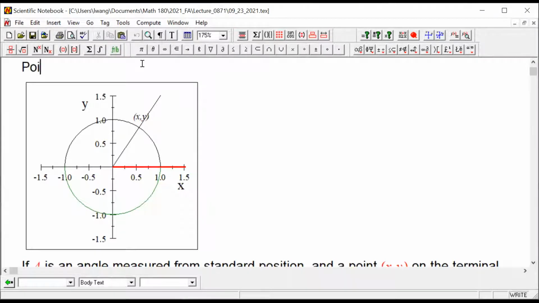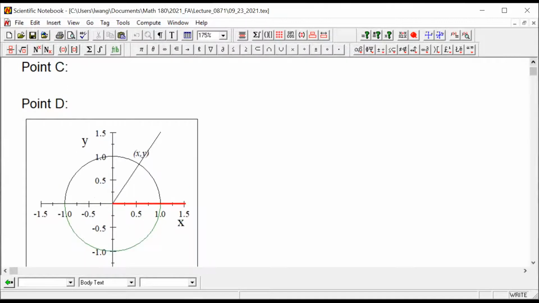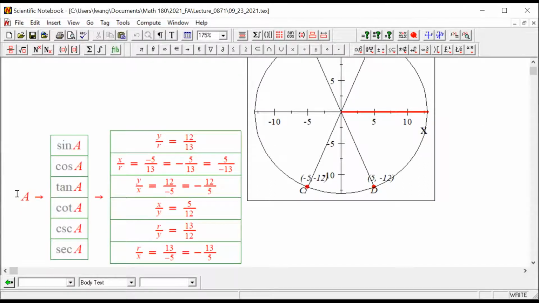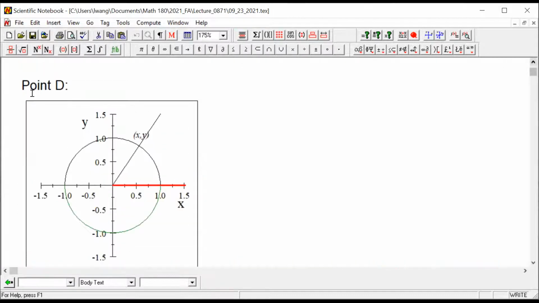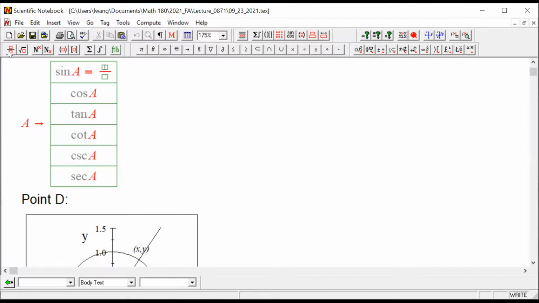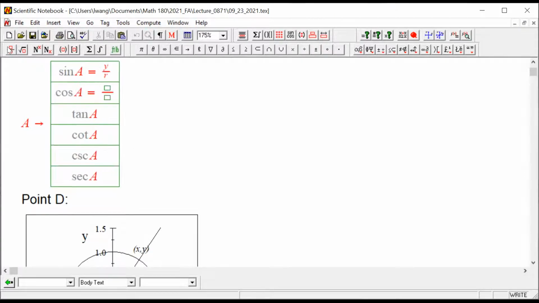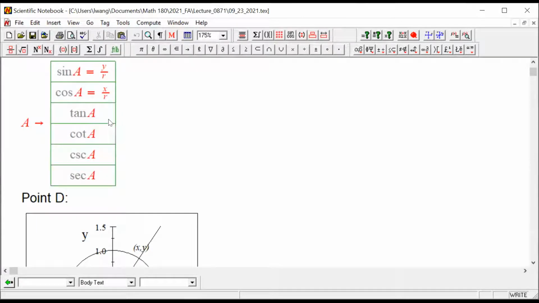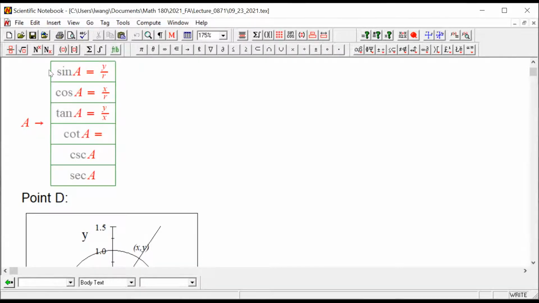Point C and point D. You're going to do the same thing for point C and point D. So for point C, you're going to work out sine, y over r, cosine, x over r, tangent, y over x, cotangent, x over y.